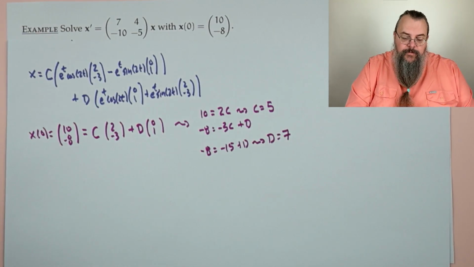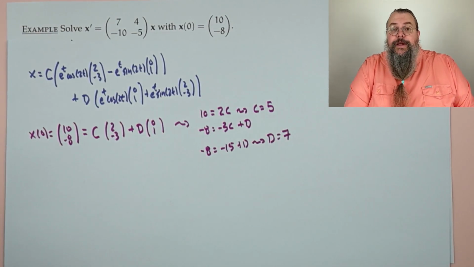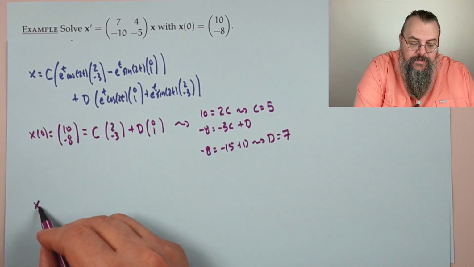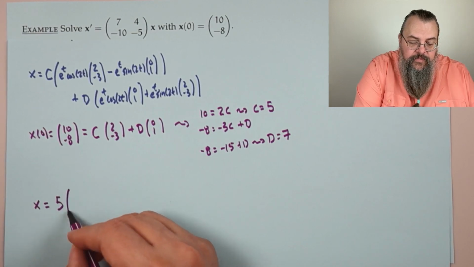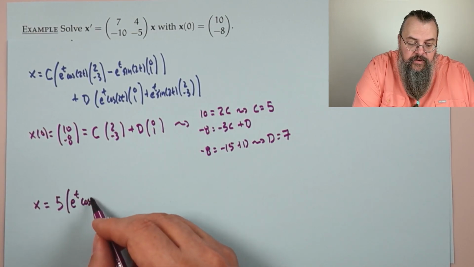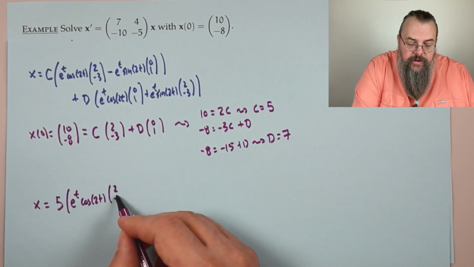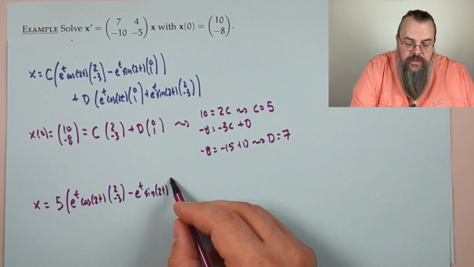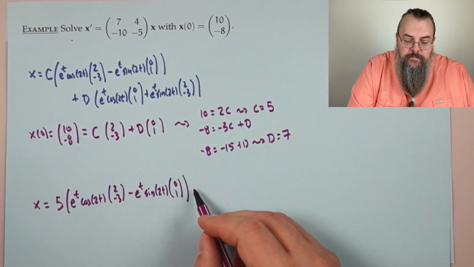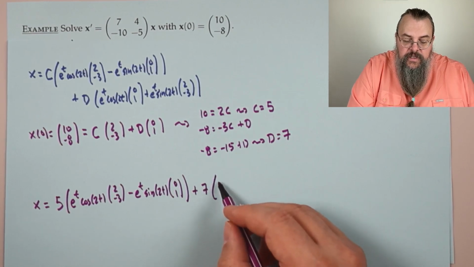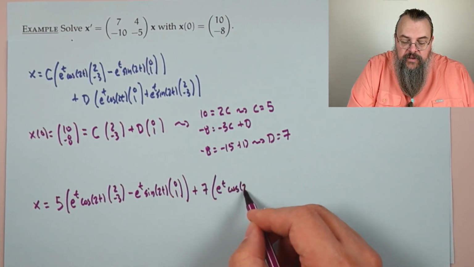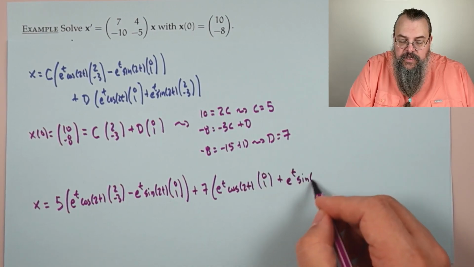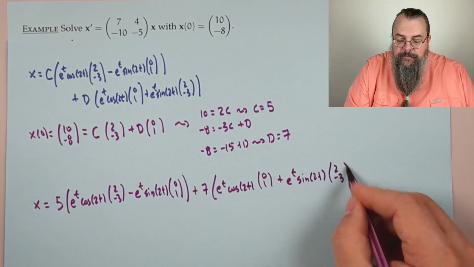All right, so now we can plug it in. And we're going to get the following. x is equal to 5 e to the t cosine 2t times (2, -3), minus e to the t sine of 2t times (0, 1), plus 7 times e to the t cosine 2t times (0, 1) plus e to the t sine 2t times (2, -3).